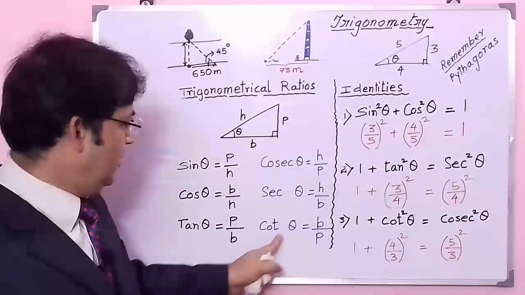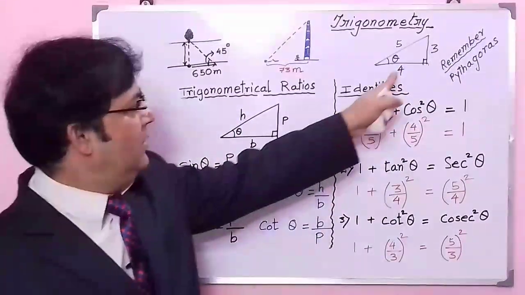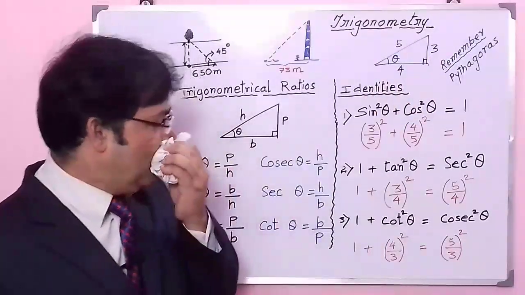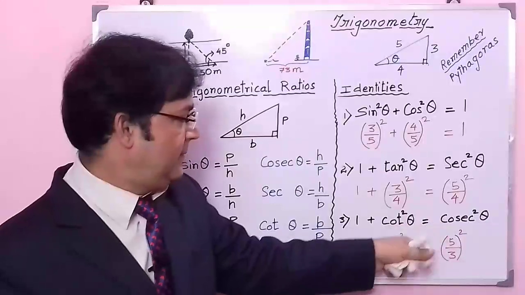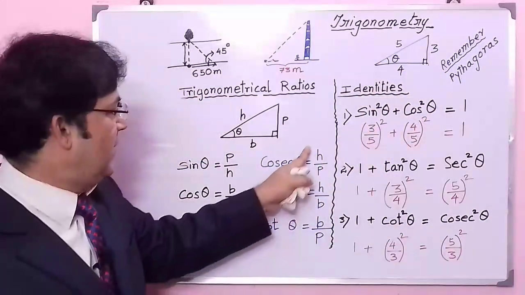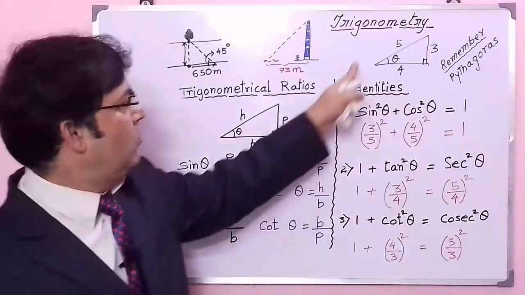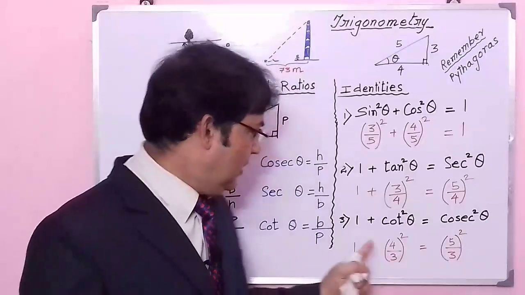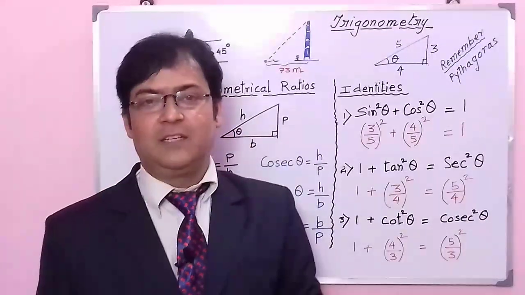What is cot? B by P, 4 by 3. And what is cosec? Cosec is h by P, so 5 by 3. If you solve this, you will get that the left hand side and the right hand side will be equal.